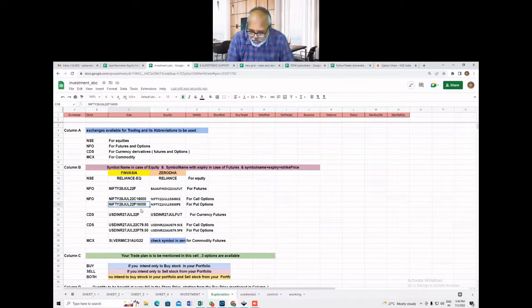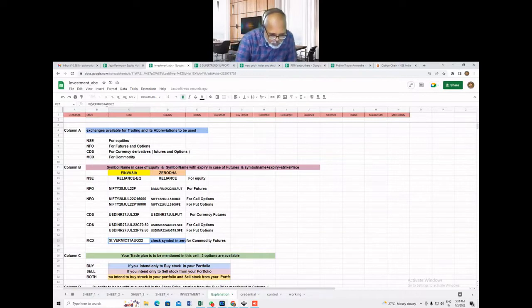Then you have to write C or P and the strike price. Whereas in Zerodha, you have to write USD INR, year 22, expiry month August, and then 79.5 CE for call or 79.5 PE for put. In case of MCX, we have to just write Silver Micro.